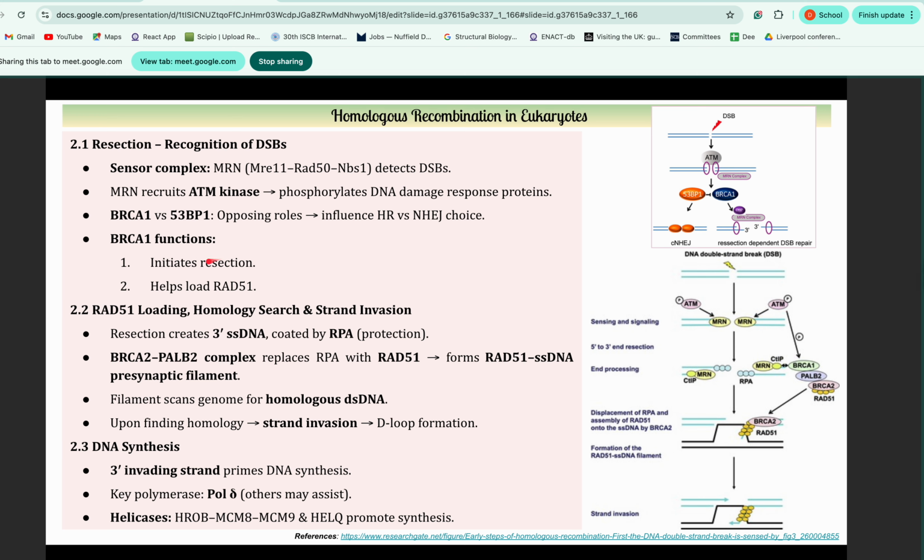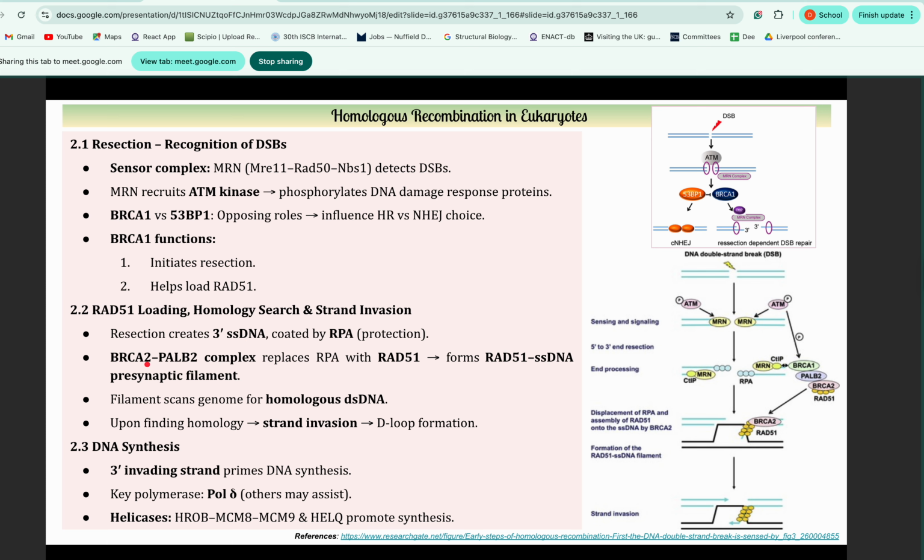So BRCA1 initiates the resection and helps to load RAD51. After the RAD51 loading takes place, it will search for the homologous sister chromatid and then strand invasion will take place. This resection which is taking place here, with the RPA stabilizing this, creates 3' single stranded DNA which is coated by RPA for protection.